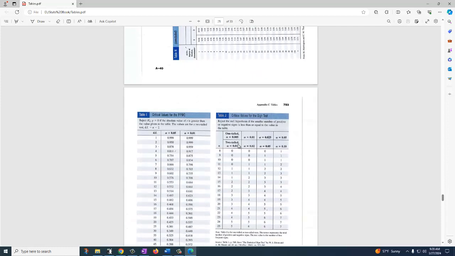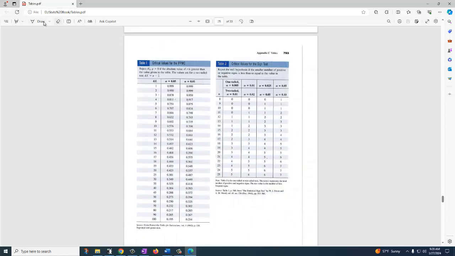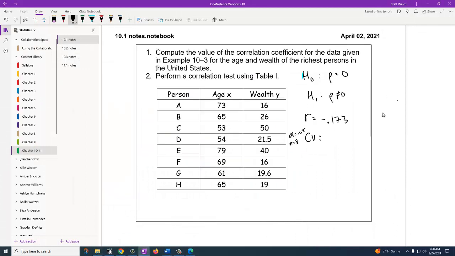H is a long table. Here's I. Okay. So when we look at I, first the degrees of freedom is n minus 2, which means I need to go to 6. And then because I'm using an alpha at 0.05, I would use 0.707. That is going to be my cut value, or my critical value. So it'll be plus or minus 0.707.